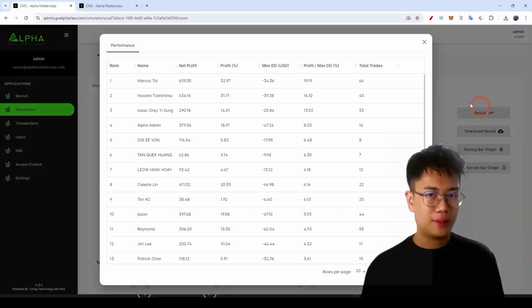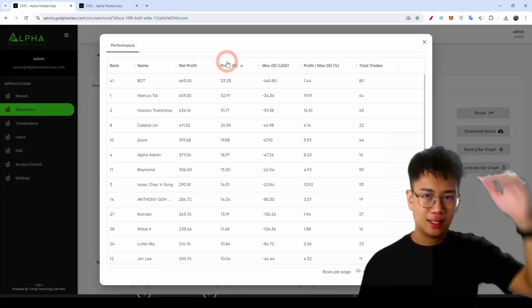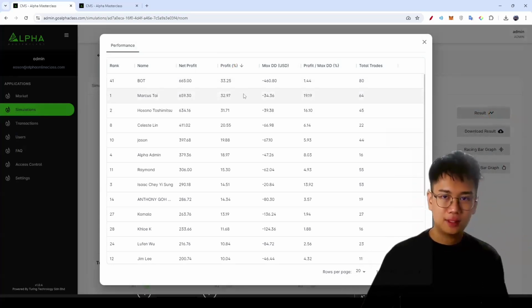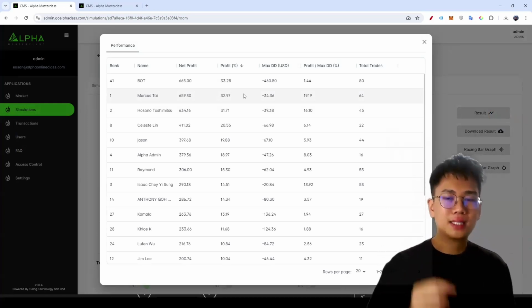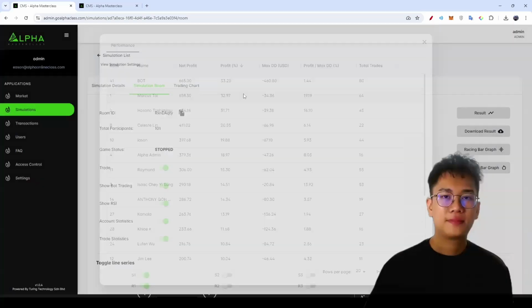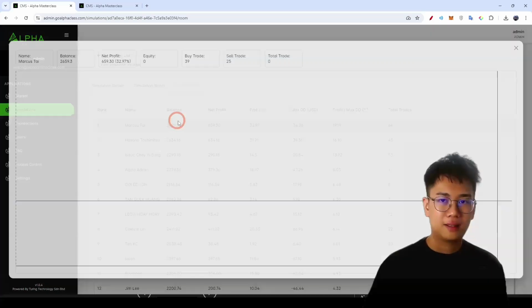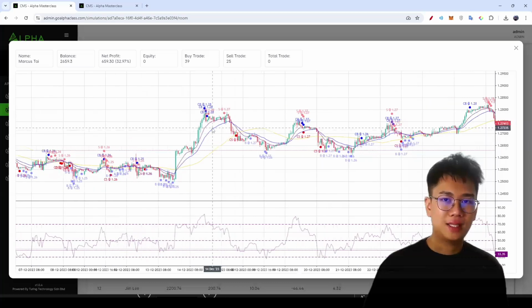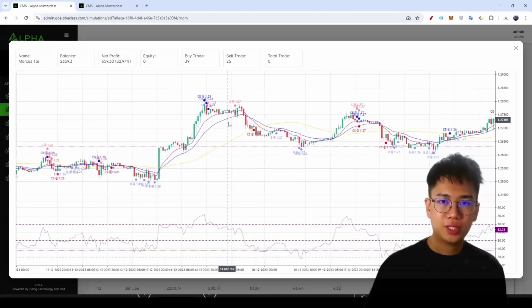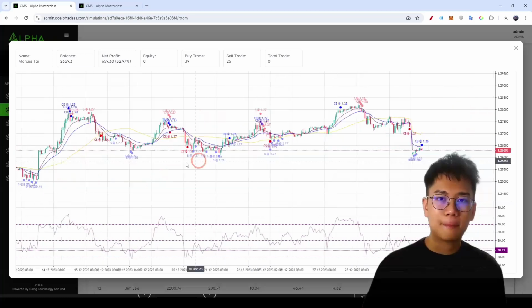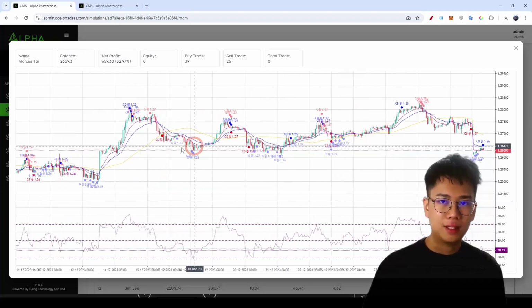If I open this up, I see the highest profit is by Marcus, 32%. One month, 30 days, each day 1%. But does Marcus indeed make 2% profit every single day? Does Marcus trade every single day? Not really. There are days that he doesn't trade. There are times that he doesn't do anything. He just holds the trades.